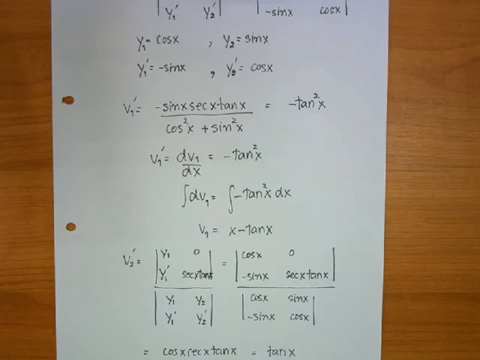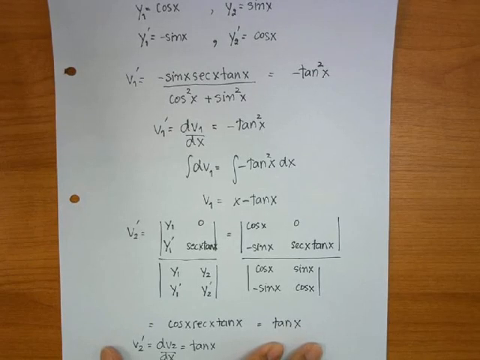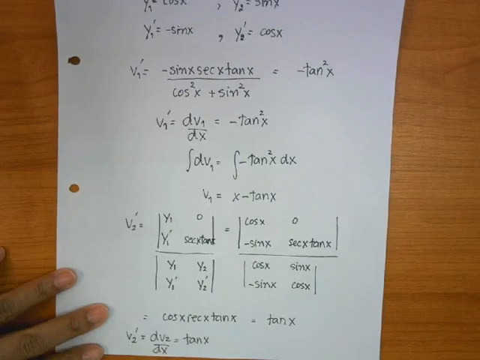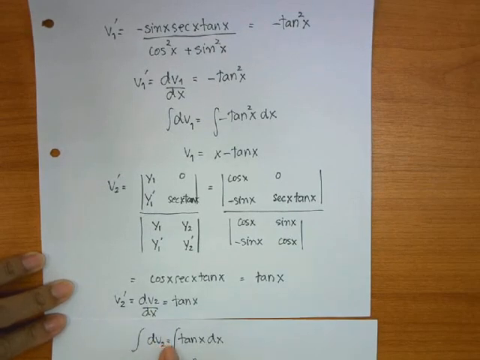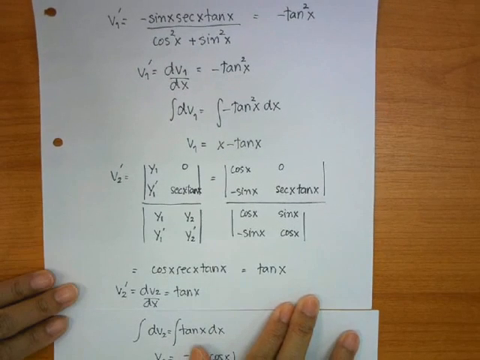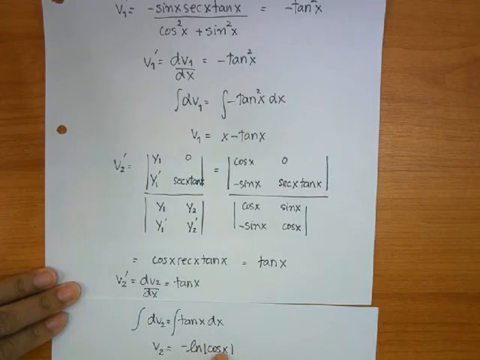And then we do the integral of tan x. We would get the integral of dv2 is equal to the integral of tan x dx. We would get v2 is equal to minus ln cos x.